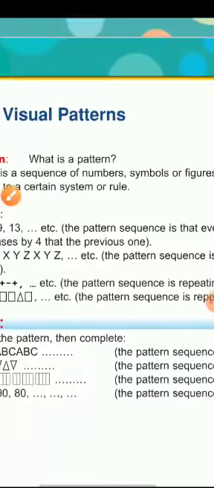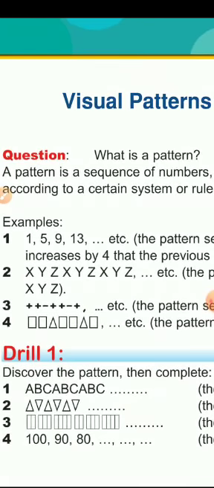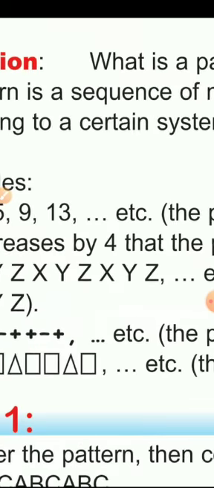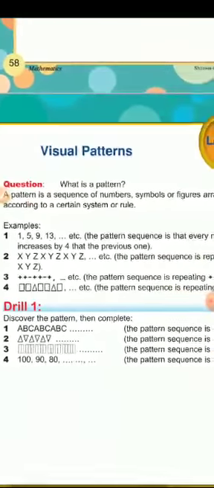Or we can say each number is more than its predecessor by 4. Here 5 is more than 1 by 4. 9 is more than 5 by 4. 13 is more than 9 by 4, and also 17 is more than 13 by 4. Okay, example number 2.